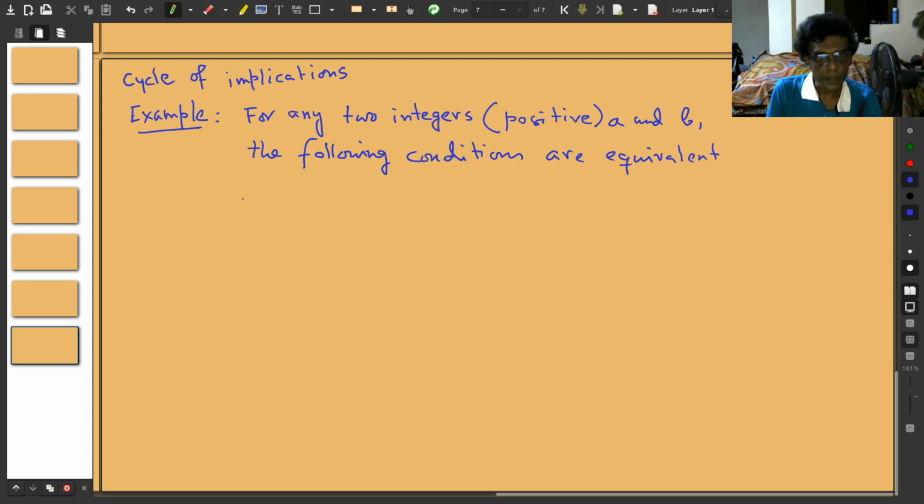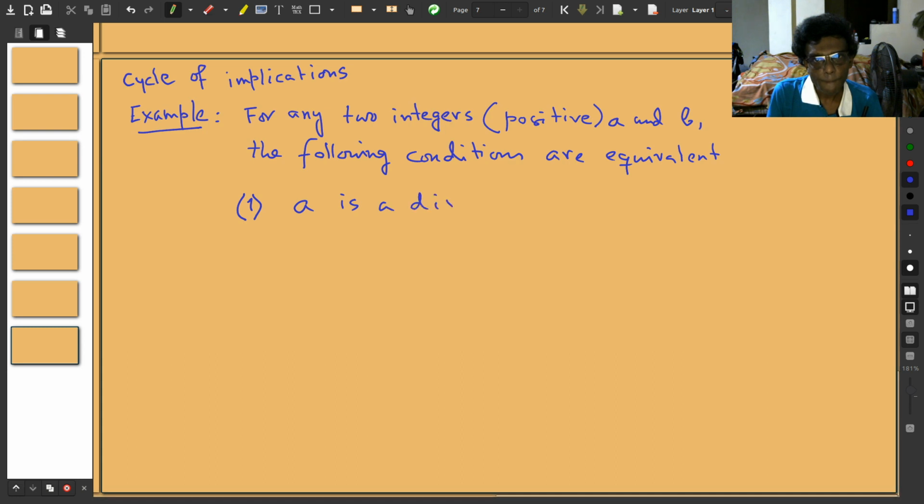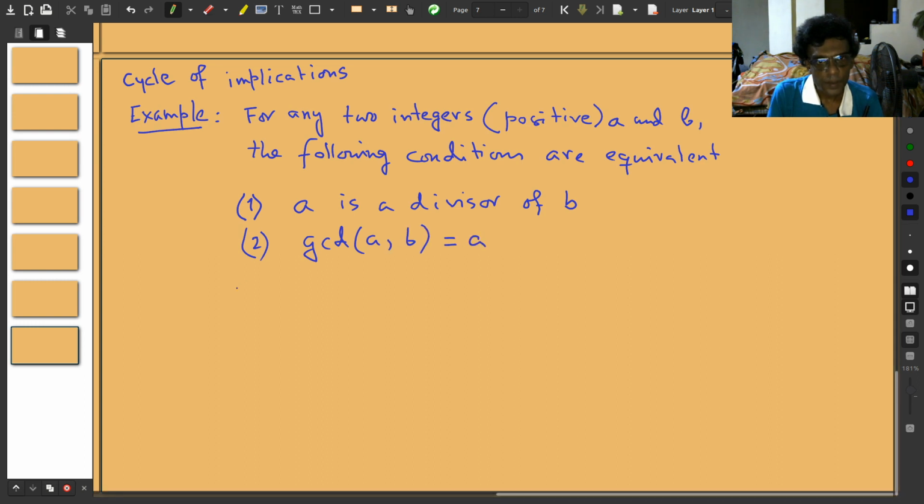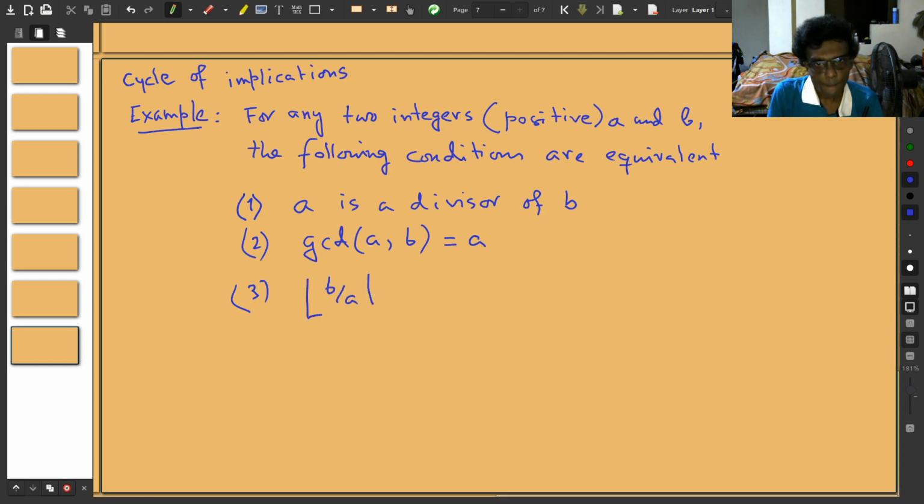It's not so much about negative integers. Okay, I will now state three such things. One, A is a divisor of B. Two, GCD of A and B is A. And three, the floor of B by A is equal to B by A.